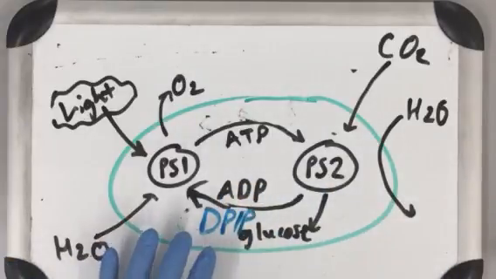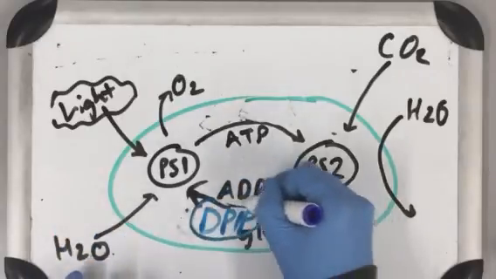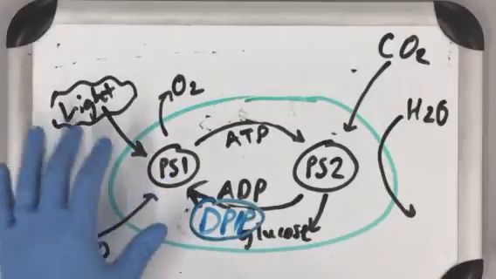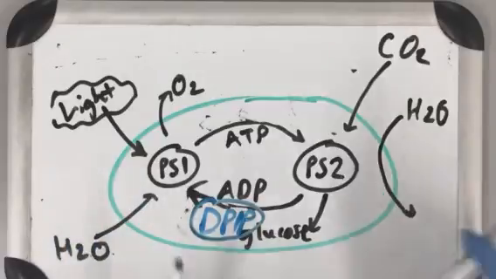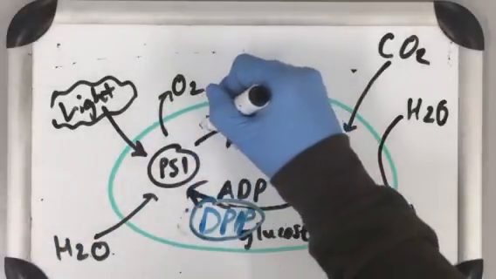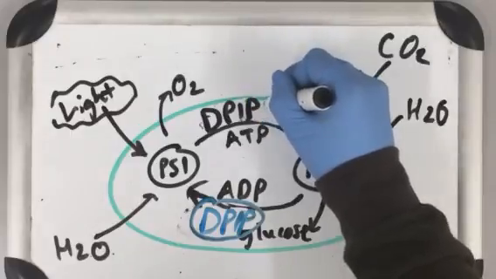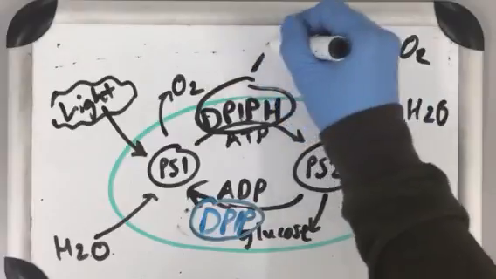It's oxidized, it needs to take an electron, and it's blue in this state. So if this isn't happening, if we have no light, for example, it will just stay blue. Because when it's reduced, it'll turn into DPIPH, and this is colorless.